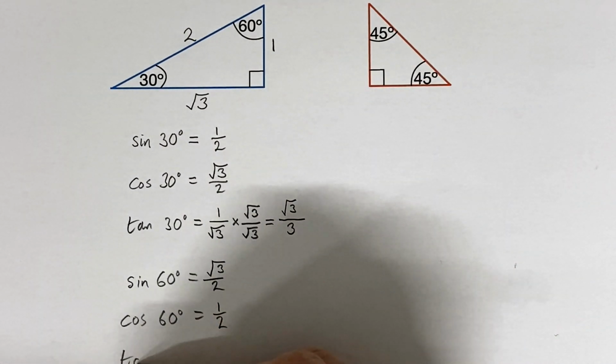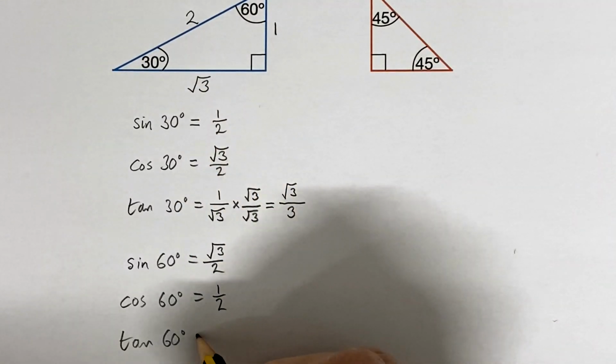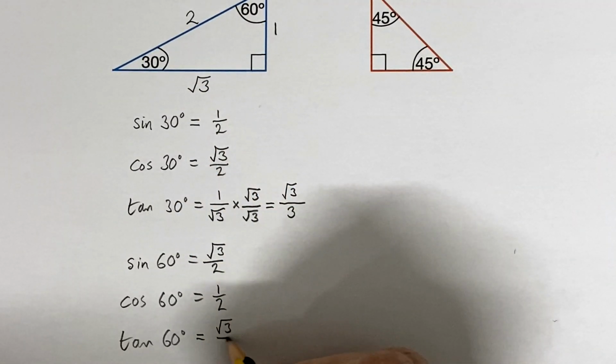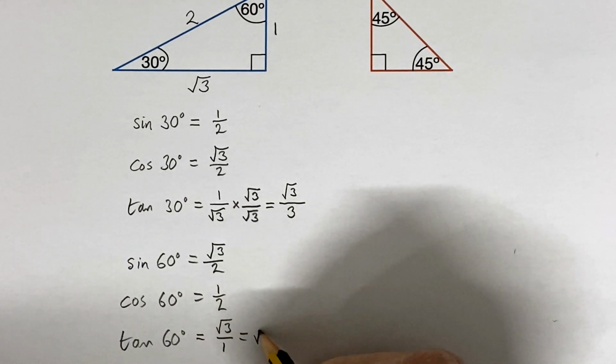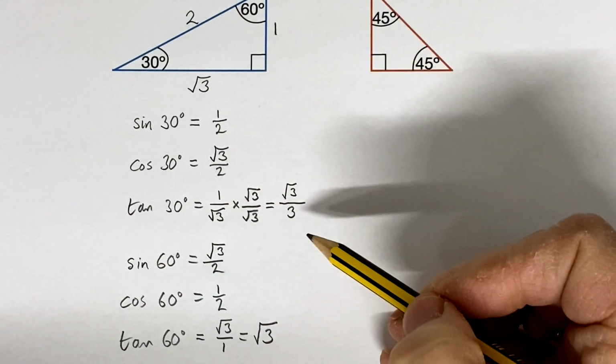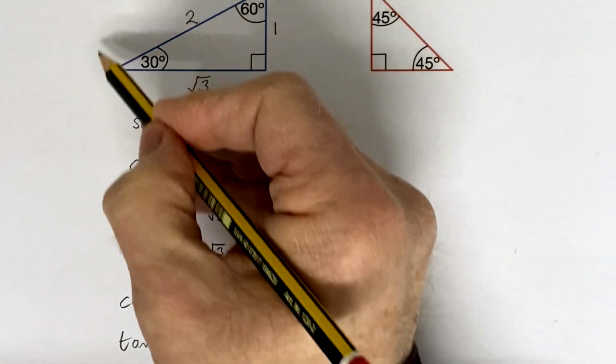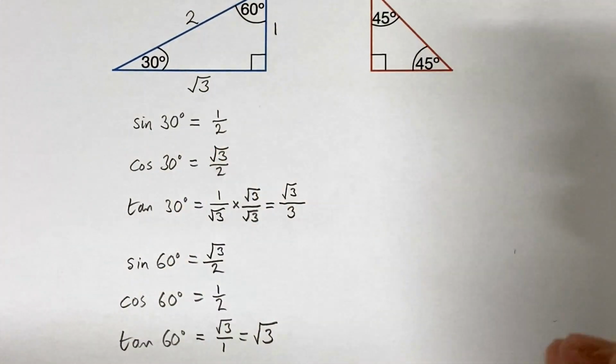And tan 60 degrees is root 3 over 1, which is, of course, simply root 3. So we've used that triangle to find these really important values. You need to know these values, but rather than trying to remember them all, just try and remember the triangle and then how to find them.